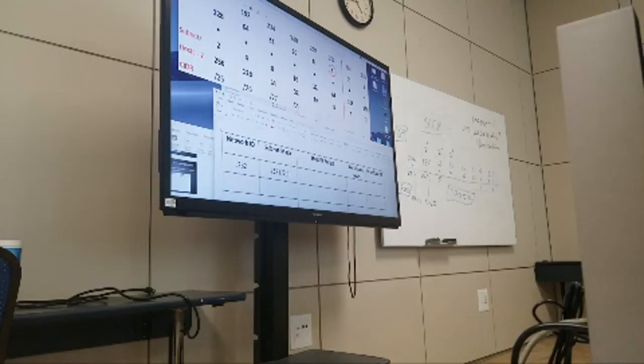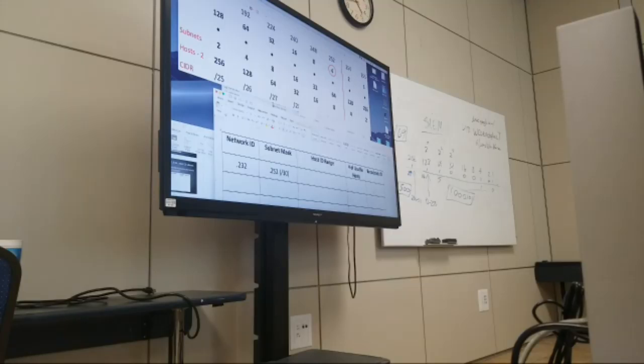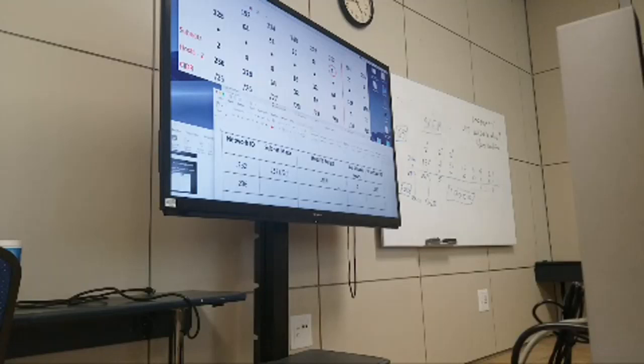For our broadcast ID, if we add 4 to 232, that'll be our next network ID: 232 plus 4 equals 236. So the broadcast ID is everything minus one, 235. For the number of usable hosts, we just look at our chart: we've got 4 minus 2, so that's 2. Our host ID range is .233 to .234.